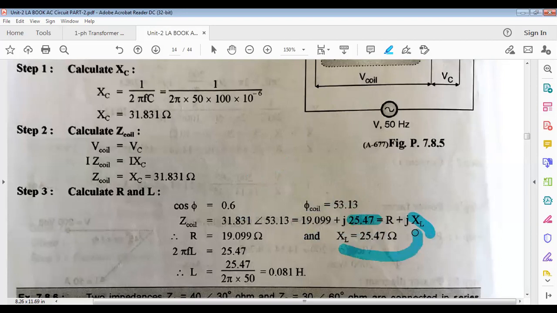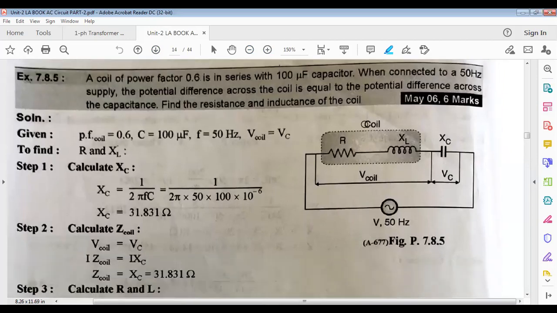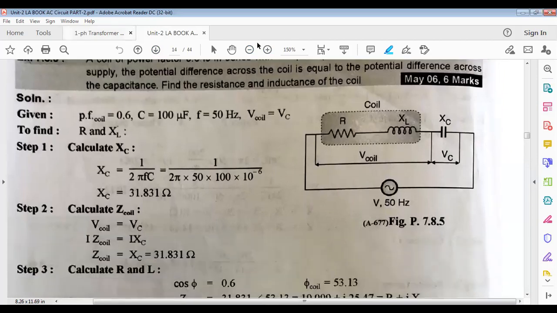So once you got XL, as frequency you know, using the formula XL equals omega L, you can calculate the inductance, and it will be 0.081 Henry. Okay. So any difficulty with this sum? No, ma'am. Okay. Fine. So the rest numericals you solve.